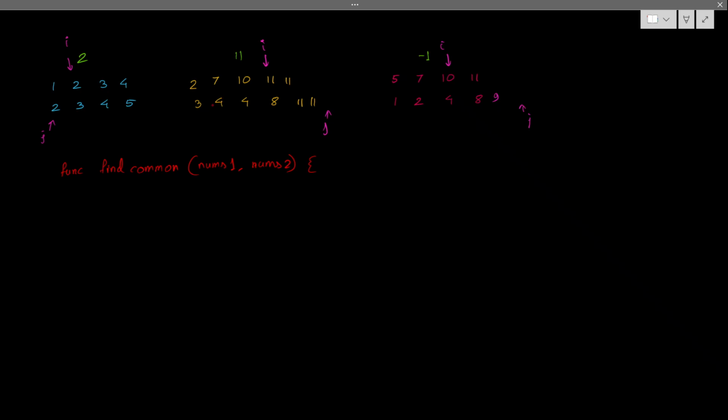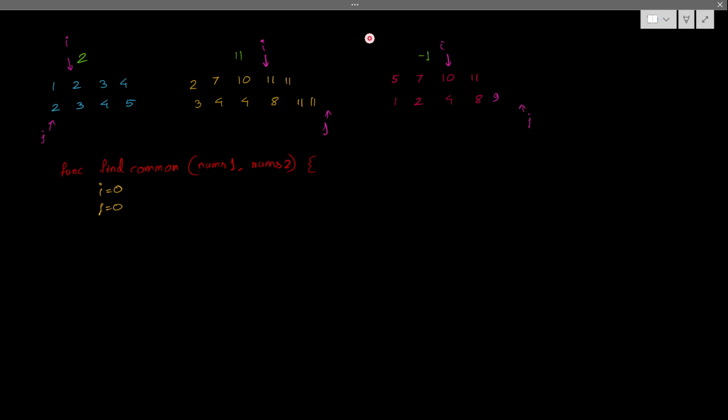What do we need? We need two pointers only, i and j. Initially these are 0, correct? We have to iterate until i is less than the length of nums1 and j is less than the length of nums2. If anyone crosses the limit, I'll stop the iteration.